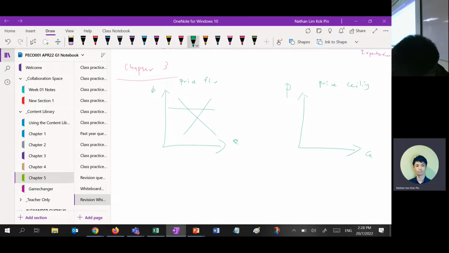Price floor is above, price ceiling is below. That's all. Easy, right? Make sure you label the QS and QD.